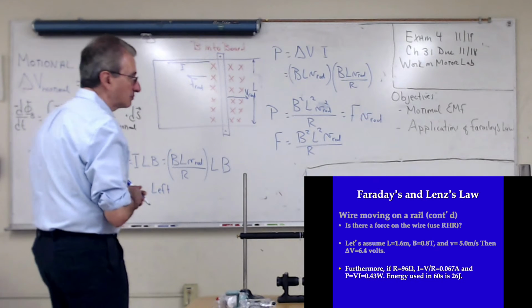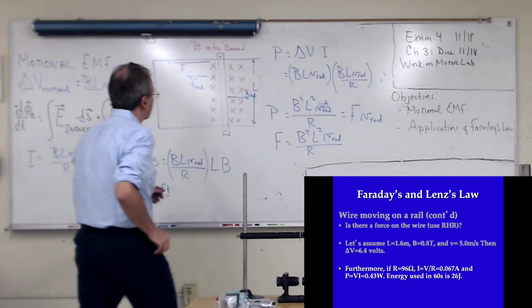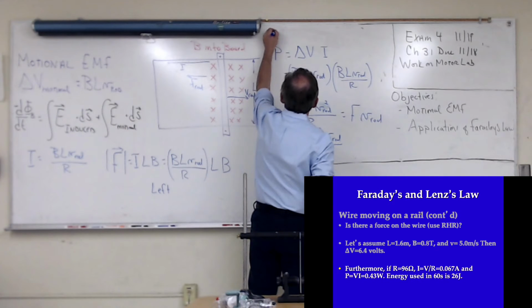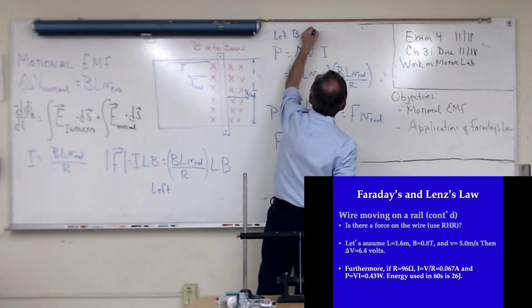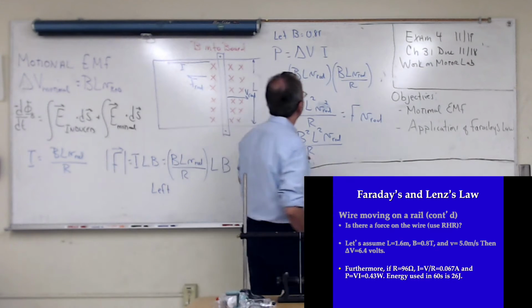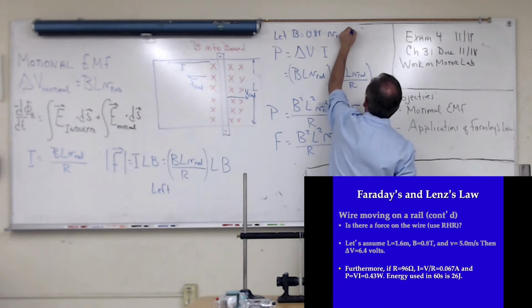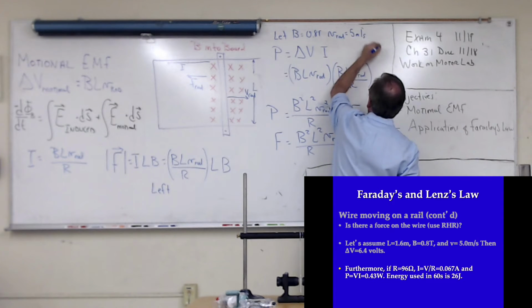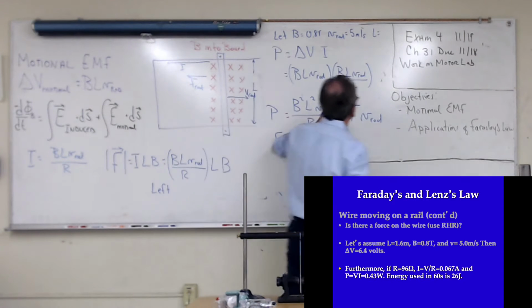So let's put in some numbers. Let's let B equal 0.8 Tesla. Let's let V equal 5 meters per second. And let L be 1.6 meters.